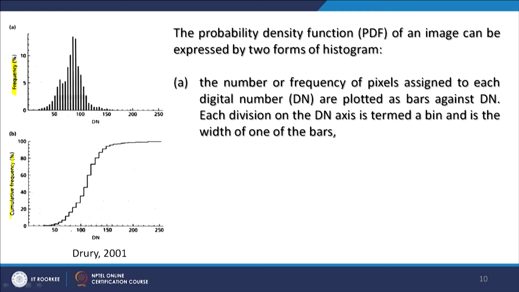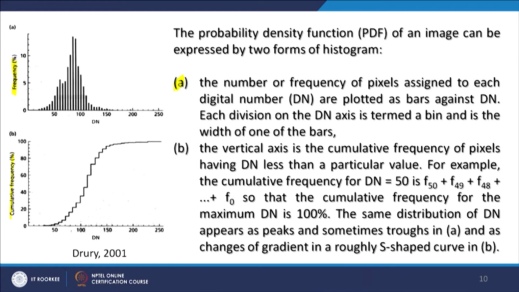The first one, A, the top one, is the normal histogram of the frequency of pixels, whereas in the bottom one, the B part, the vertical axis is the cumulative frequency of pixels having a given DN. The maximum DN is 100 here, and here you will have the real frequency distribution.